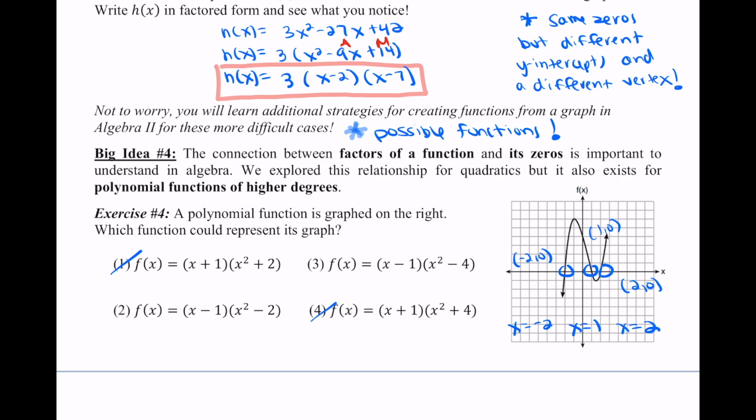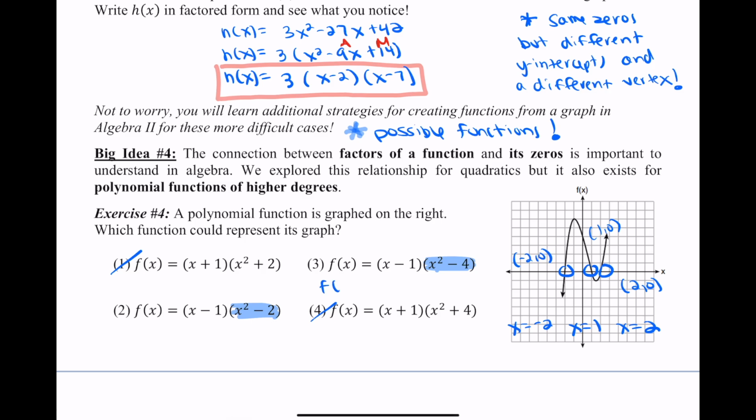So now what we have to do is look at the differences in the 2 answer choices we have left. So I notice looking at those 2 factors, one of them can be factored further. So on answer choice number 3, x squared minus 4 is the difference of 2 squares.